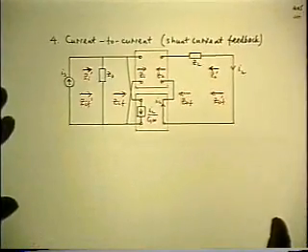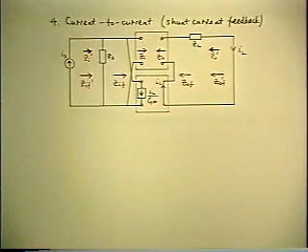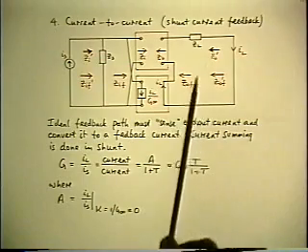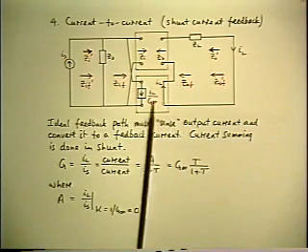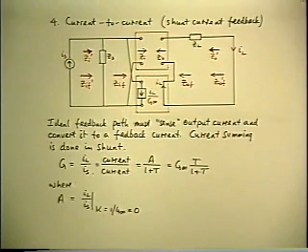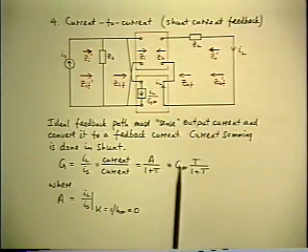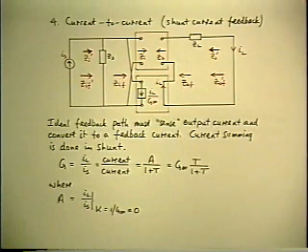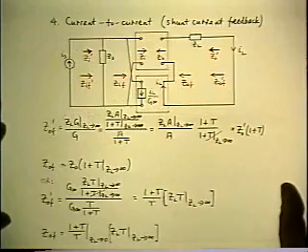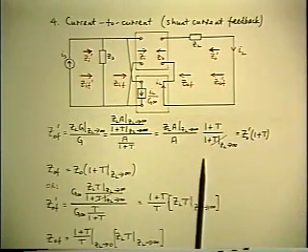And finally, type 4, there's nothing new at all. Type 4 is current to current. So again, we have to sense output current and convert it to a fed-back current by shunt opposition connection. And the appropriate formulas are, for output impedance, the new version, like the input impedance was originally, with ZL substituted for ZS.